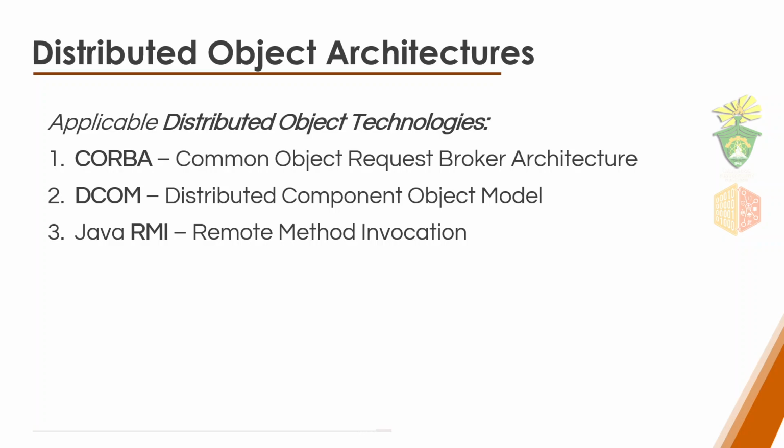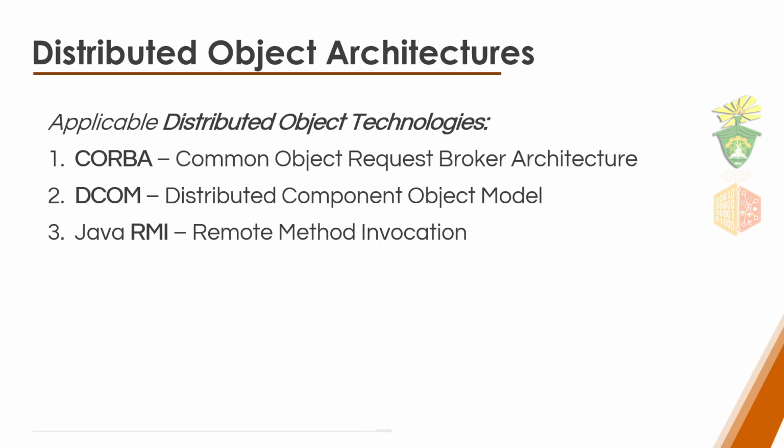So what are the architectures? I'm sorry. Java RMI architecture. So the technology we could use to share objects is Java. Java is a technology we could use, and it has a feature where we could share objects.